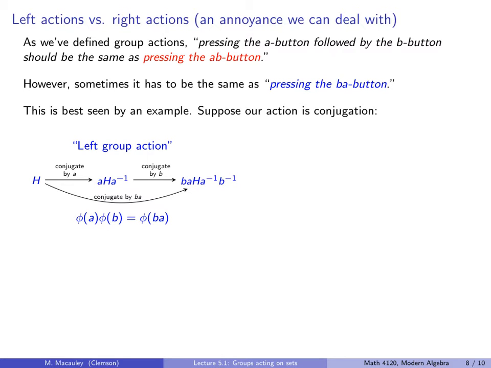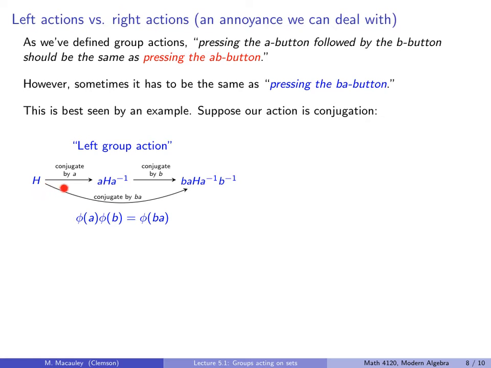Let's consider conjugation. In the next lecture, we'll see some examples of how conjugation can arise in a group action where the group is acting on maybe another group, on itself, or maybe on a set of subgroups. So let's conjugate by A, and when I say conjugate, let's do it so we multiply the element on the left and its inverse on the right.